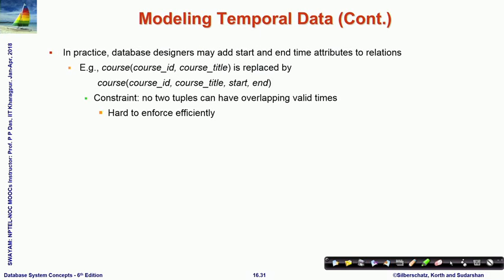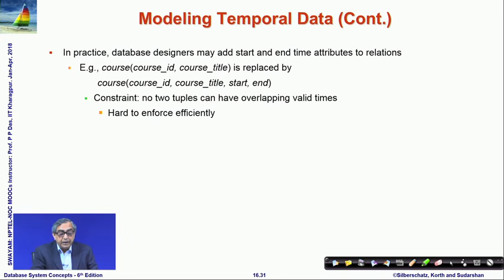This is another style. Many times you have to say that, okay, this course with this title existed from this semester, and in a different semester the title may have changed. So, you can put a start and end attribute with that, which specifies the time for which the remaining attributes made sense.